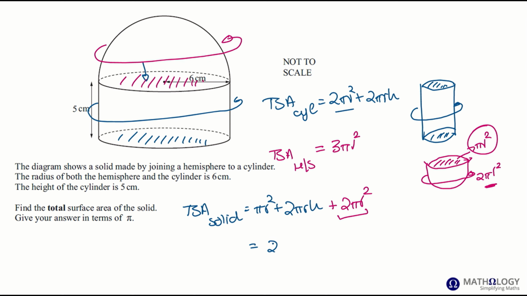So we'll have 3 pi r squared plus 2 pi r h, and now we can just plug and play. 3 pi times the radius, 6, squared, plus 2 pi times 6 times the height of this h. Remember that this h came from the cylinder, and the height of that cylinder was 5.